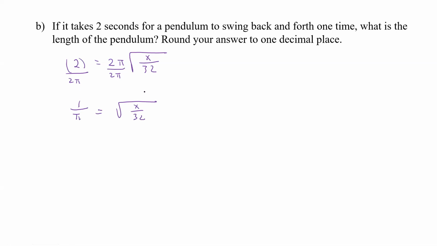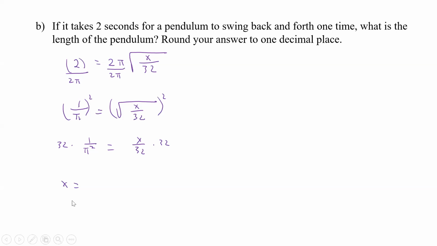Okay, well, now what do we do? Well, we square both sides. And so when we do that, we get x over 32 equals 1 over pi squared. Multiply by 32 on both sides. So x is equal to 32 over pi squared.